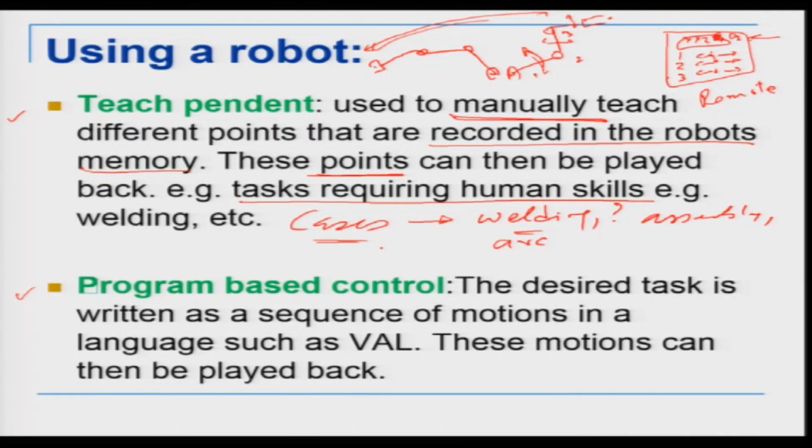So what is done is teach pendant based teaching, in which the expert welder holds the welding gun and does the welding, and at every position during that weld the points are recorded in space, then taught to the robot, and the robot will play it back. So this is another use of a teach pendant.